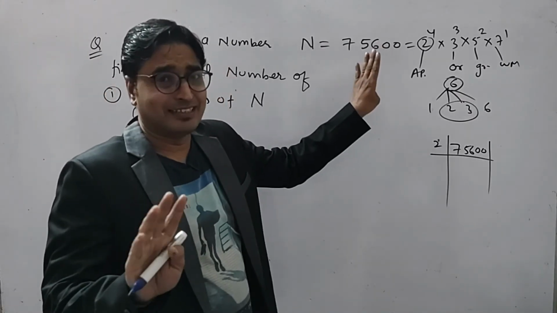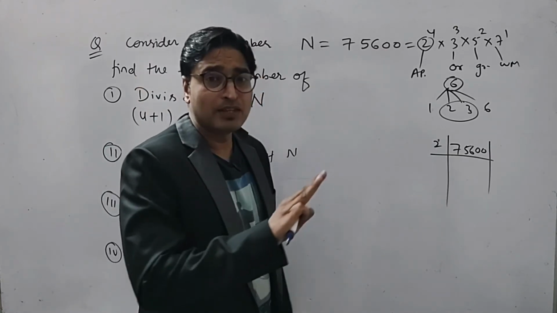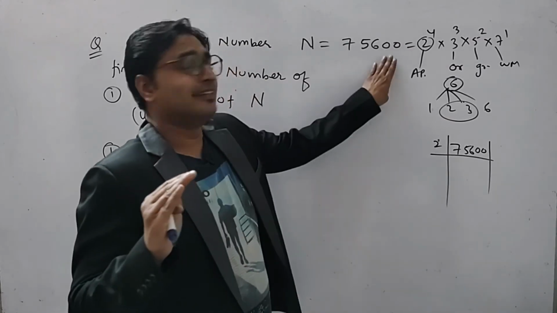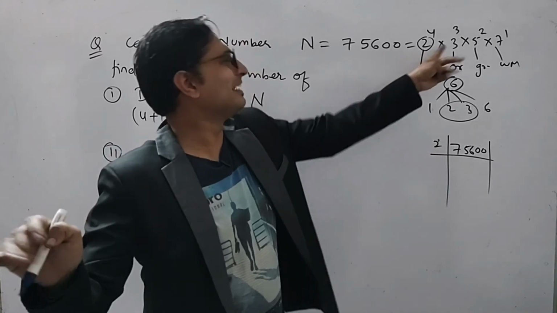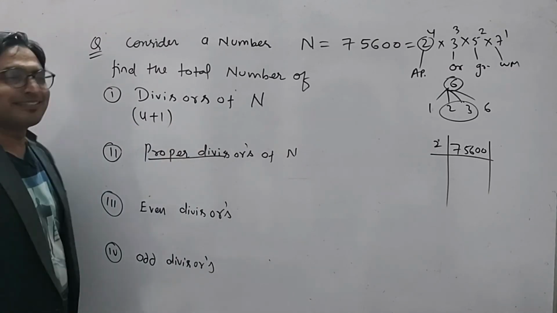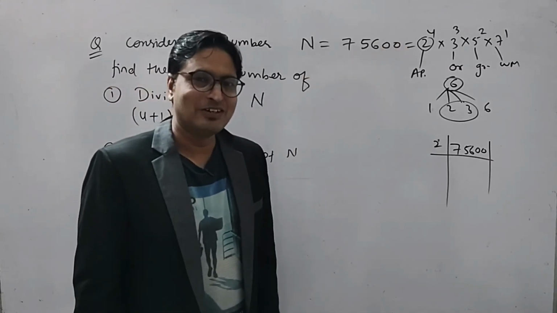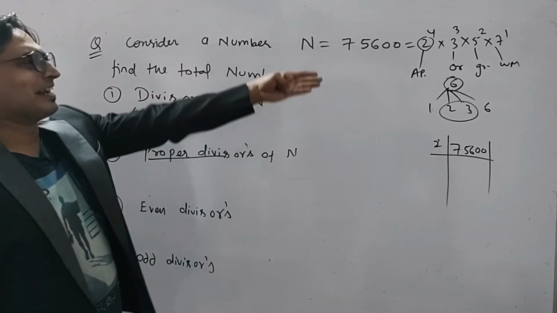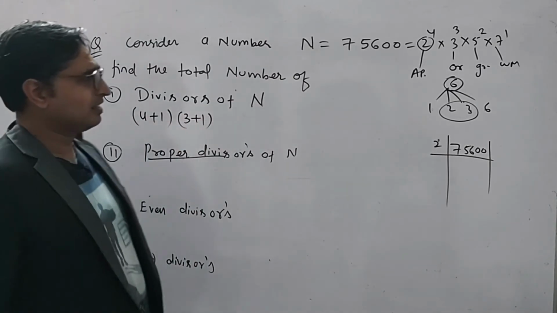You can select 2 once, 2 times 2 that is 4, 3 times 2 that is 8, 4 times 2 that is 16, and you can also reject 2 because you can select any other number. So the total number of ways will be 4 plus 1: out of 4 apples, you select 1, 2, 3, 4, or no apple. Now with 3 oranges, again we will have 3 plus 1 ways.